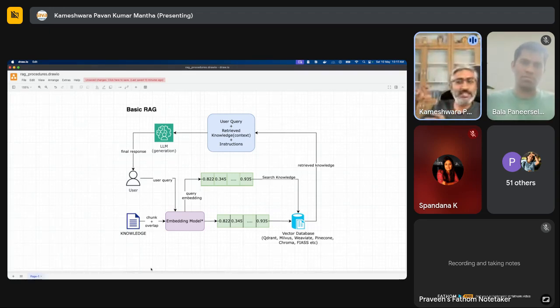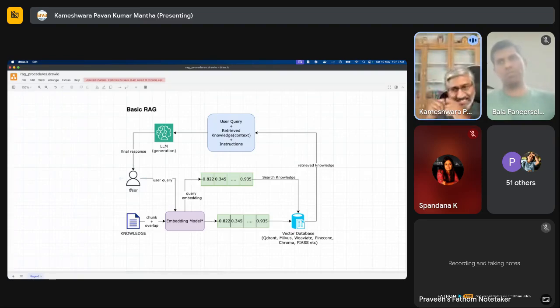So all this knowledge is present in the vector databases in the form of vectors. Just for now, keep these terms in mind; I'll explain what these vectors are about. Now when a user asks a query, this query is also converted into a vector, and then we compare these vectors against the knowledge that we have ingested.